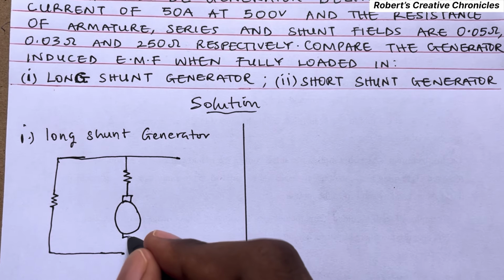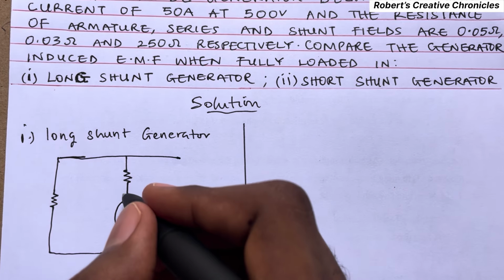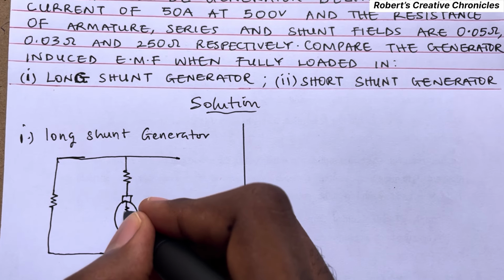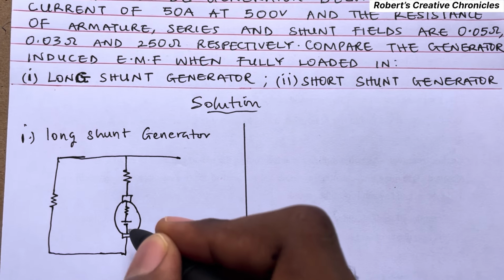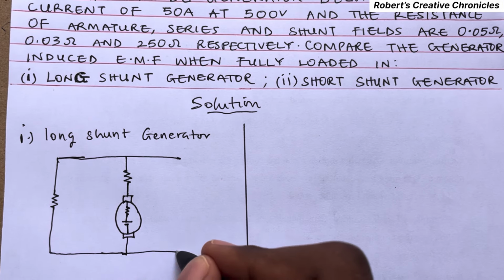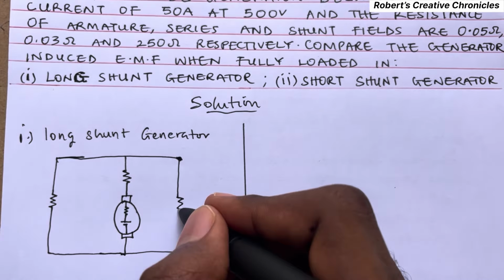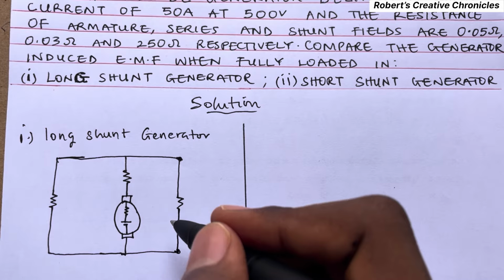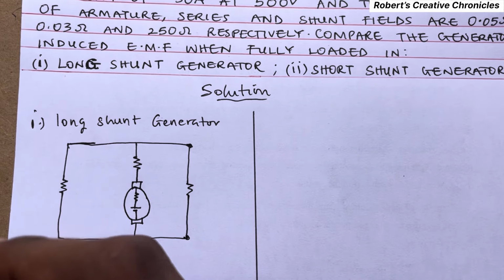There's a brush here. A brush here. Then inside this armature there's an armature resistance, and there's the induced EMF. Then here's the load resistor. So this is the long shunt generator.